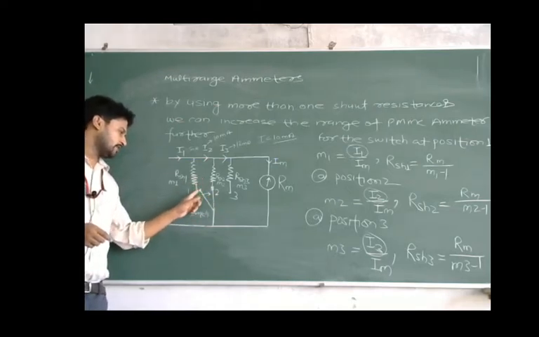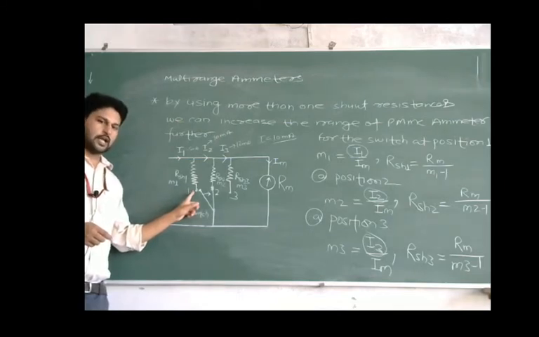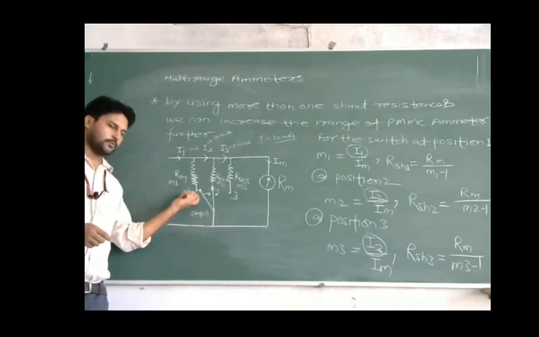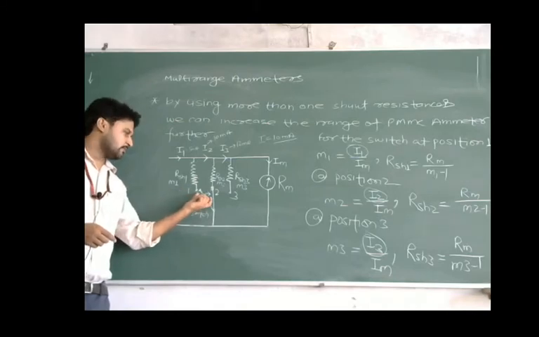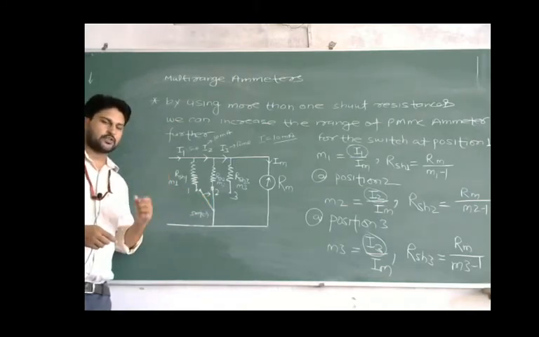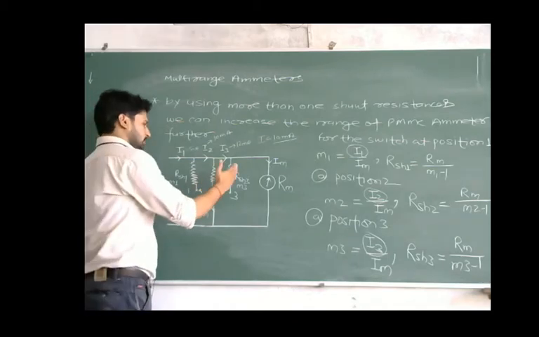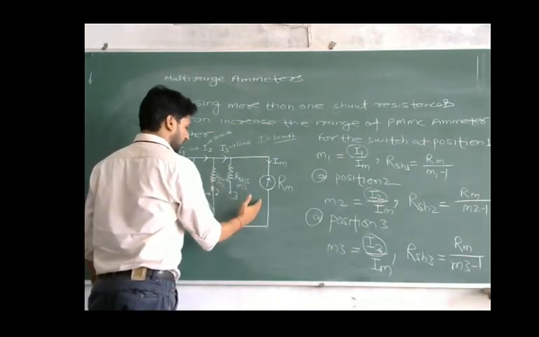In the current situation, this switch is neither connected to position 1 nor to position 2; it is somewhere in between. In this condition, no shunt appears to the meter.